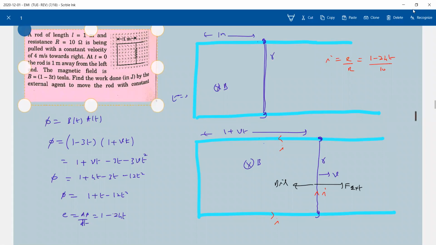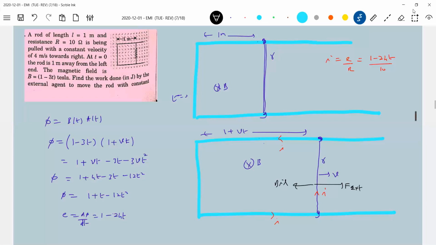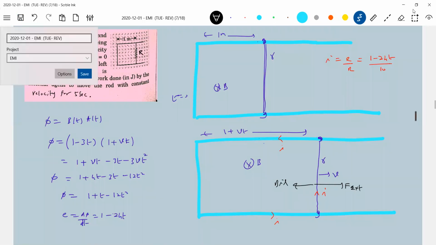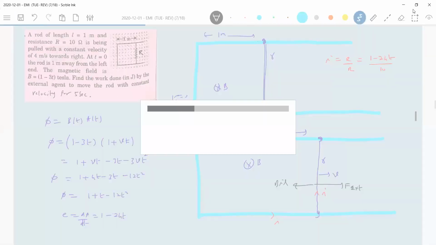I think I missed it. The rest of the circuit is resistanceless. Only this resistance is given, and there is some data missing. I just added it. For 5 seconds, what is the work done?